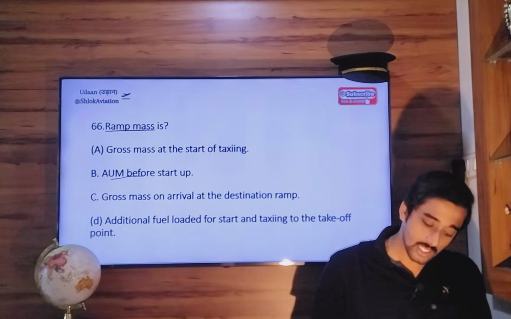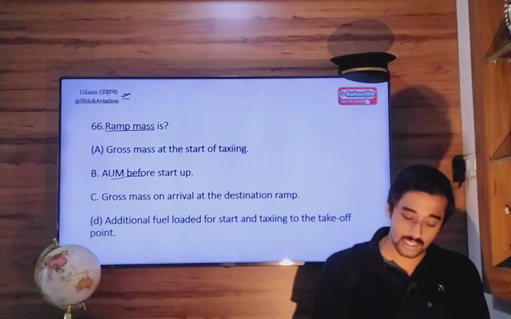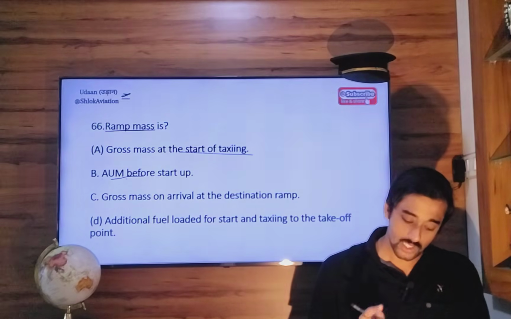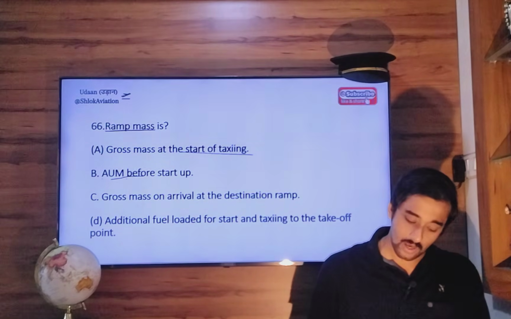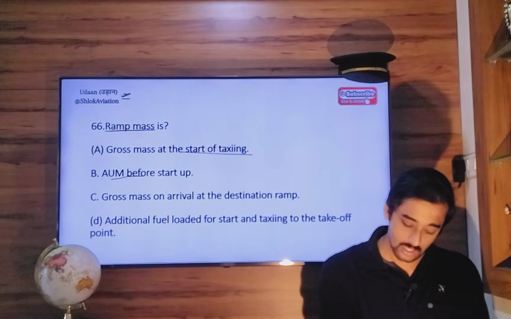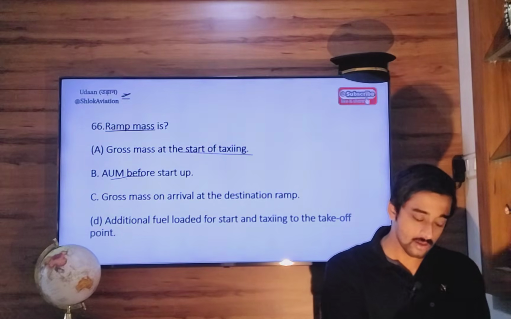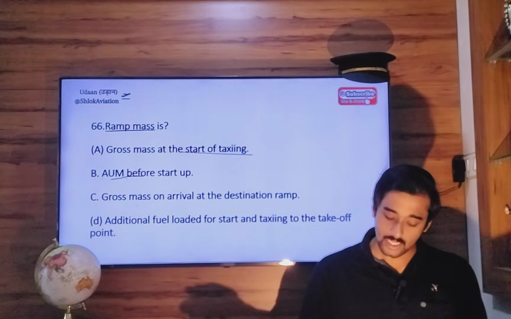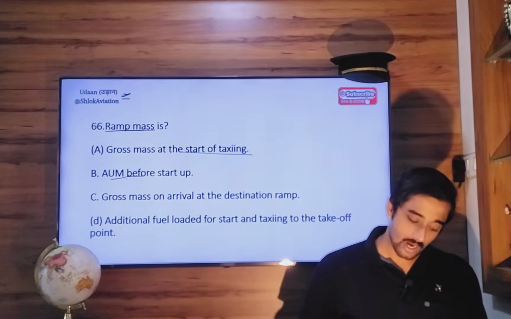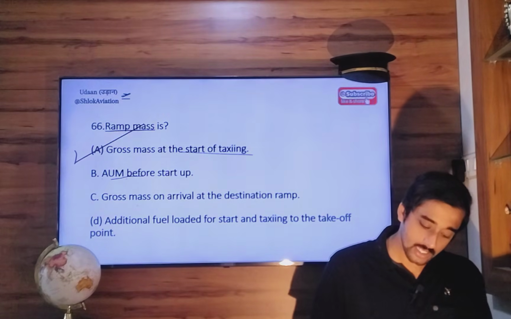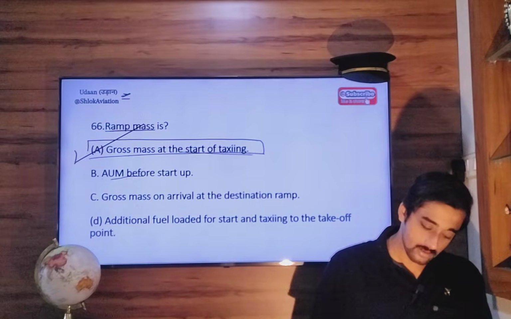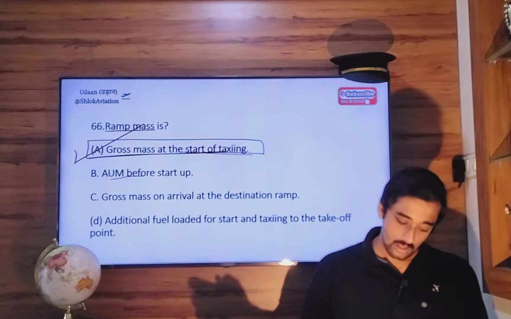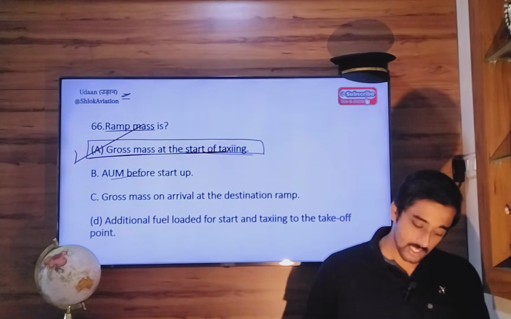So ramp mass is nothing but gross mass, the total mass at the start of taxiing, all up mass before startup, plus additional fuel to be loaded for startup and taxi to the takeoff point. So ramp mass is gross mass at the start of taxi. Okay, so that is the right answer.